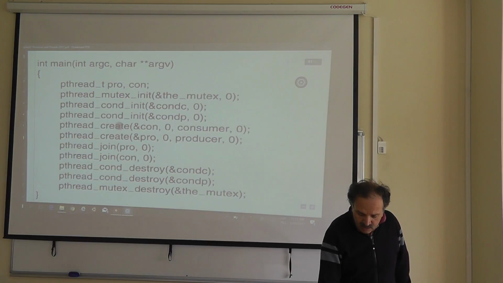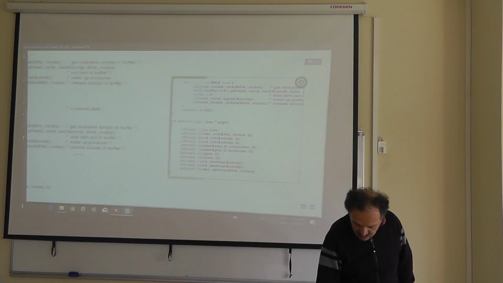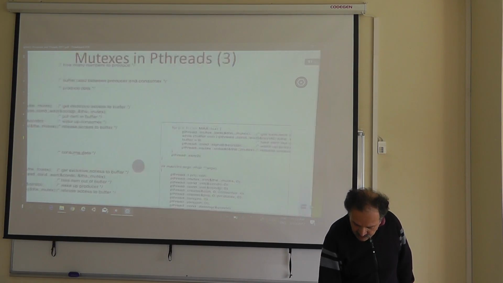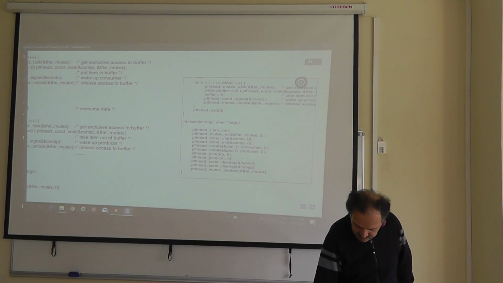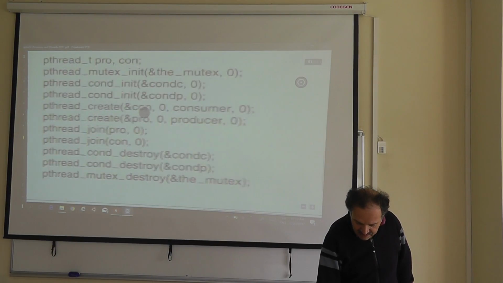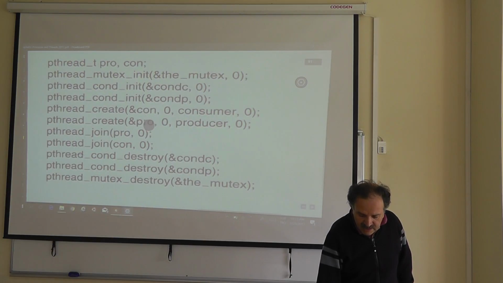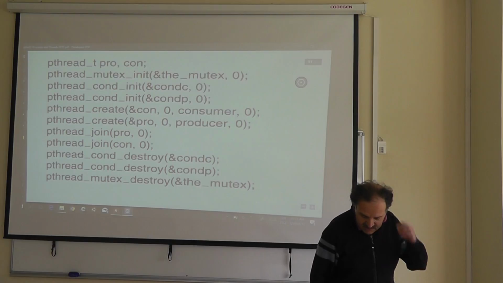So I have created two threads here, one is the consumer thread, and one is the producer thread. These are the data structures for consumer and producer. Consumer and producer are two functions here, so these are function pointers.